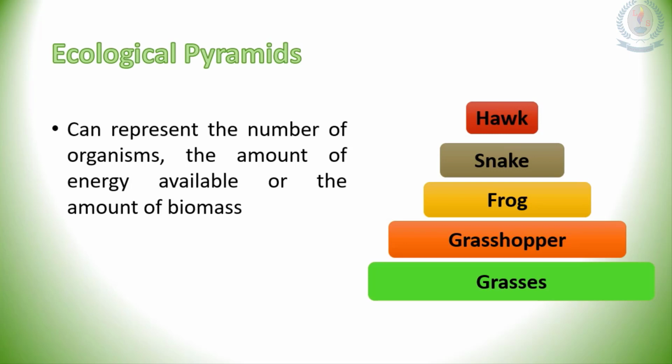Next one, grasshopper, the primary consumer. Frog is the secondary consumer. Snake is the tertiary consumer, and hawk is the final or top carnivore. So this is the way to represent feeding relationships in a food chain.